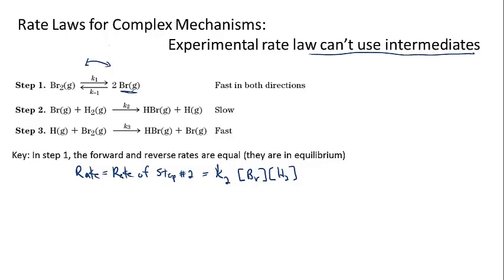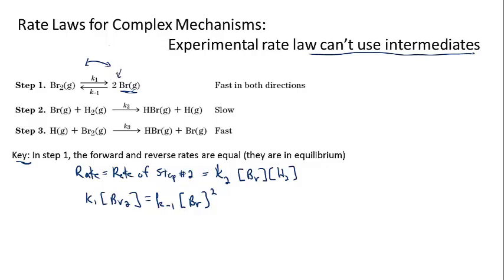And the idea is that using our key, that the forward and reverse steps are the same, that means that k1 times the concentration of Br2 is going to equal k-1, the -1 just means it's in the reverse direction, it's not a negative number, times the concentration of Br squared.